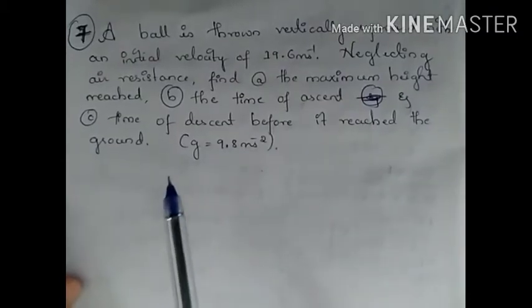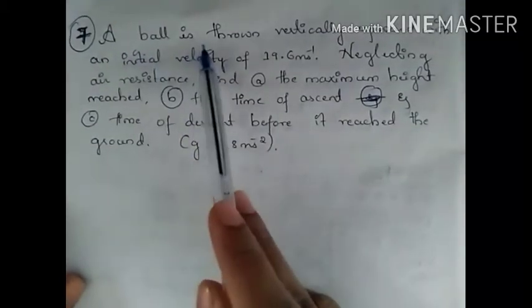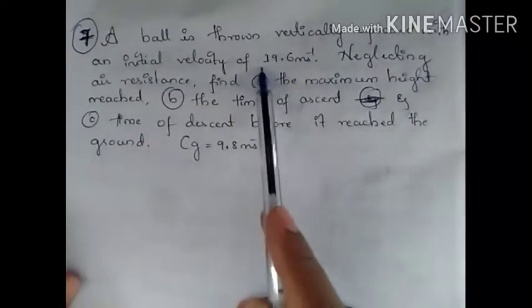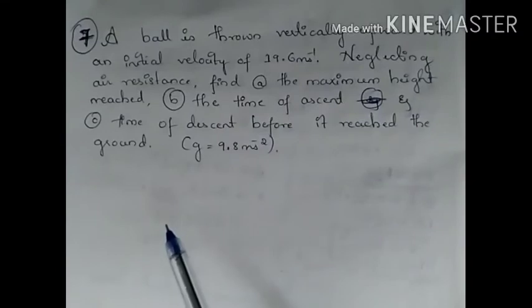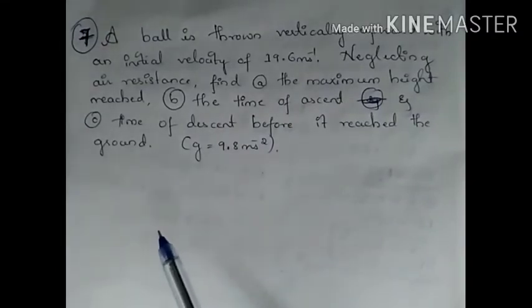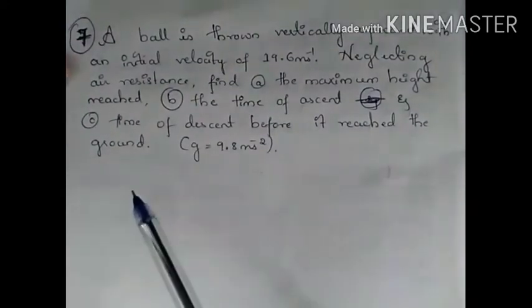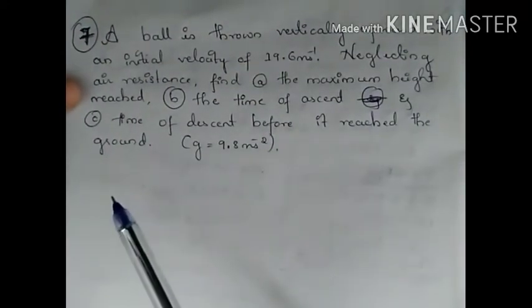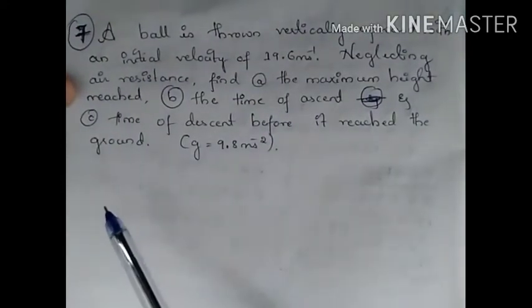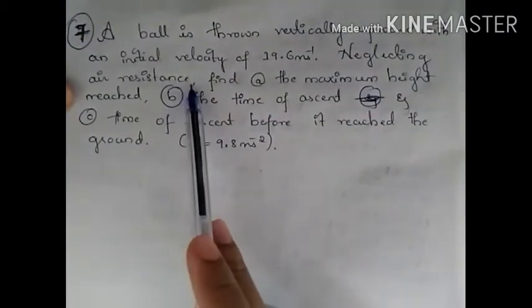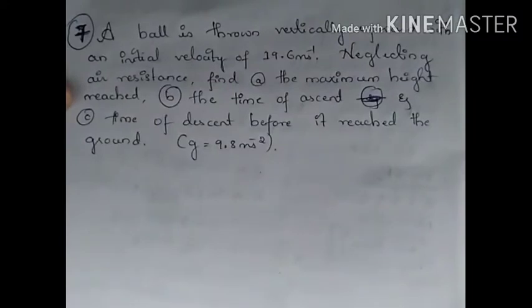Next question: a ball is thrown vertically upward with an initial velocity of 19.6 meters per second. He has directly mentioned it as the initial velocity, so we can take u is equal to 19.6 meters per second, neglecting air resistance, the resistance offered by the air or wind.